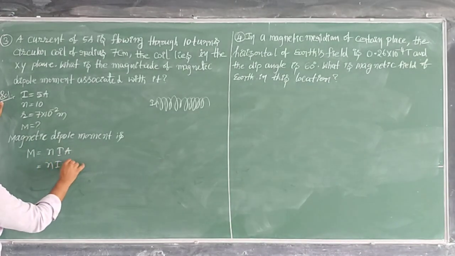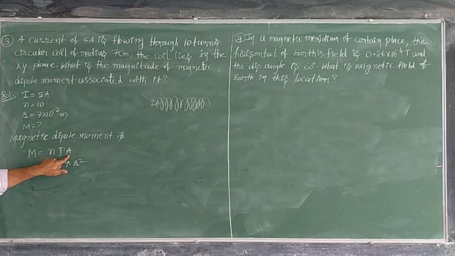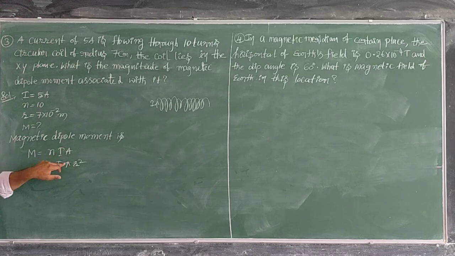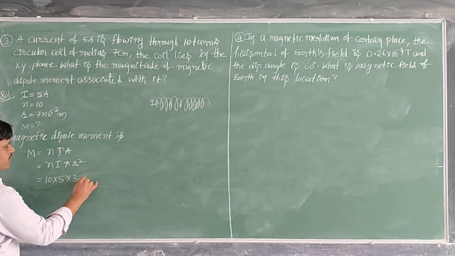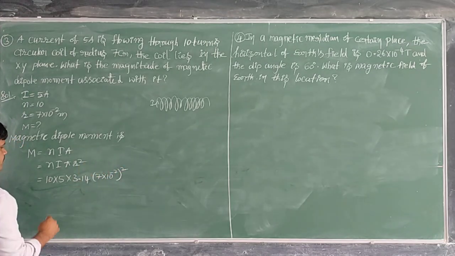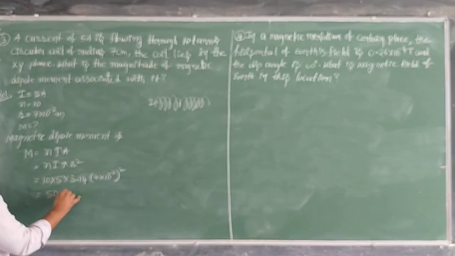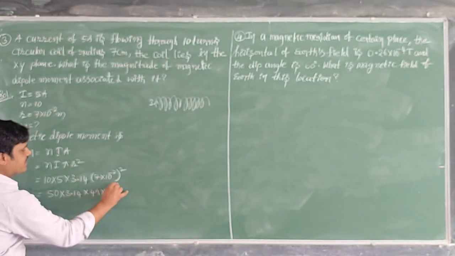N i pi r square. That means the product of current into area of the coil is the magnetic dipole moment. If the number of turns are there, turns also we consider. If the coil is circular, the area of the coil is pi r square. Now 10 into 5 into 3.14 into 7 into 10 power minus 2 whole square, which is 50 into 3.14 into 49 into 10 power minus 4.